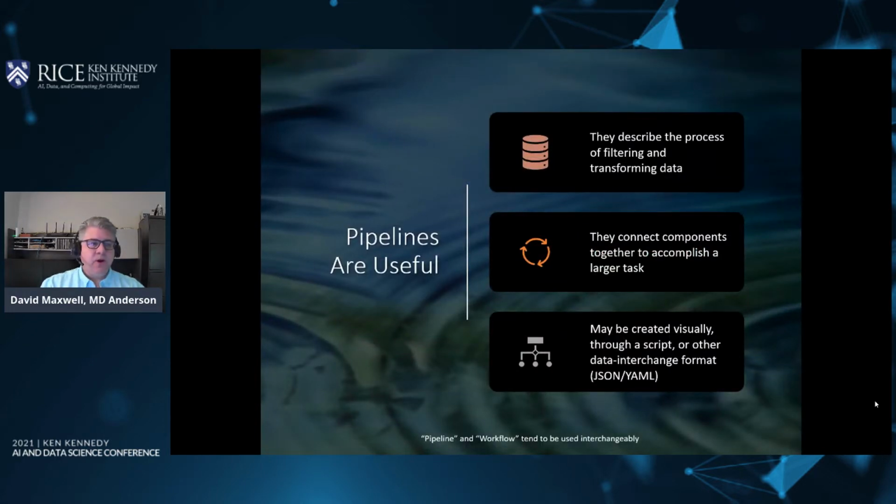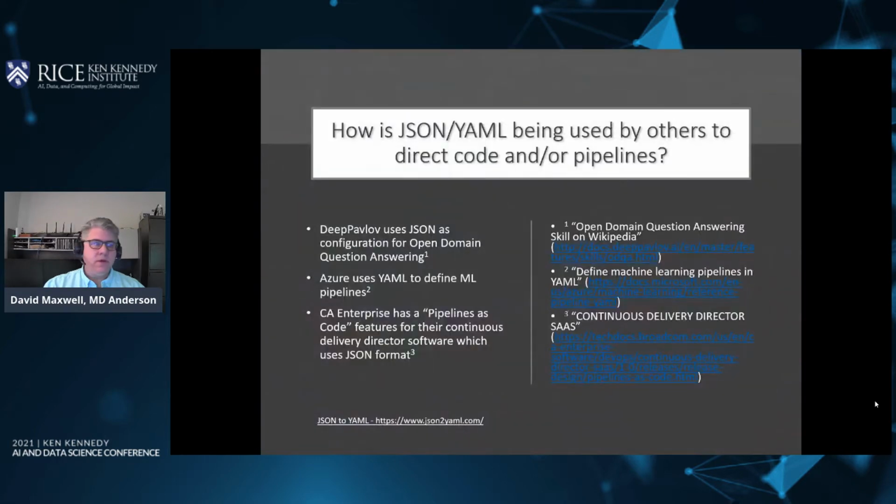They describe a process of filtering and transforming the data, and they connect components together to accomplish a larger task. They may be created visually, through a script, or through a data interchange format such as JSON and YAML, and that's what I'm going to be focusing on. So how are JSON and YAML being used by others to direct code and pipelines?